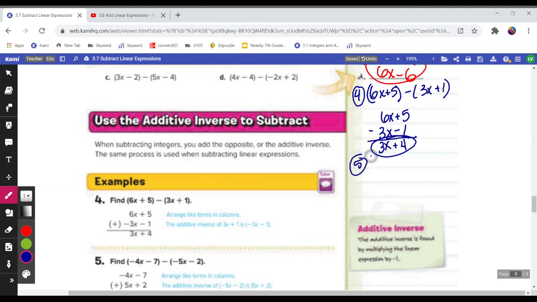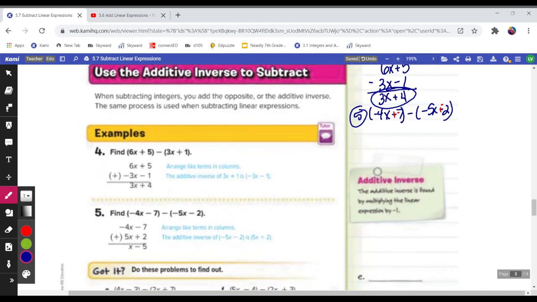Number 5, we have the quantity 4x minus 7 minus the quantity negative 5x minus 2. So I'm going to do the additive inverse and make that adding a negative 7, adding a negative 2, and rewriting that. So the quantity 4x plus negative 7 minus the quantity negative 5x plus negative 2.